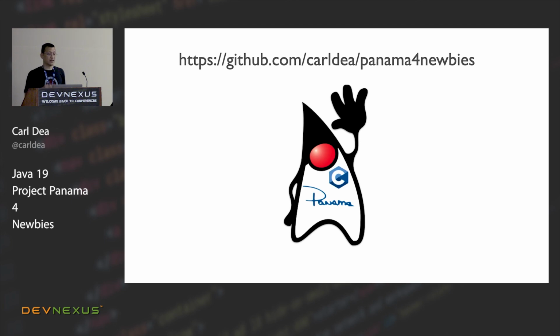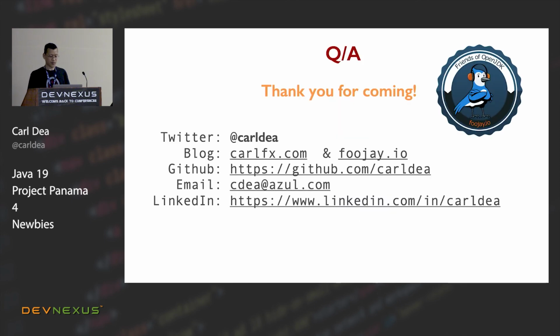So if you want to get into more details, just head over to my github.com/carld/Panama for newbies, and it'll go actually to fuj.io and show all the other advanced topics.